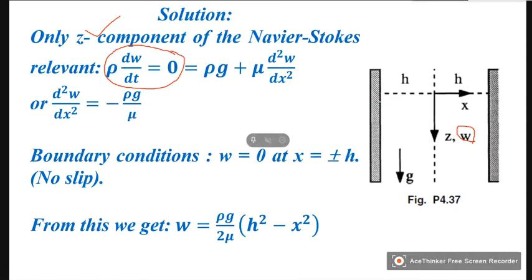Now, so after simplifying, what you get is, on the right hand side you will get this. The pressure term is 0, and all the shear stress terms except this are zeros.